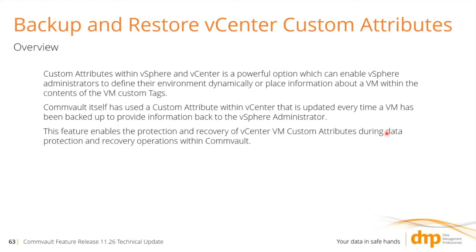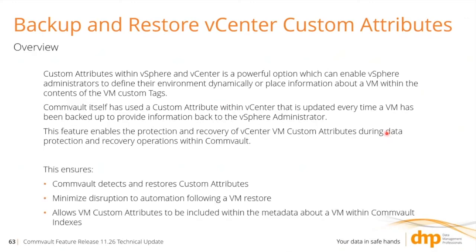Now, with this new feature, during the protection and recovery operations, the attributes will be part of the backup and also will be restored together with the virtual machine. So Commvault detects them and restores them together with the virtual machine. That minimizes the disruption to automation following a VM restore.